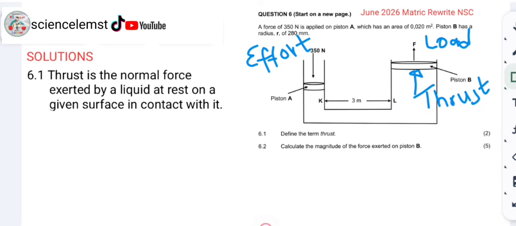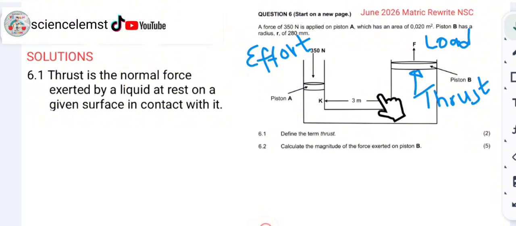6.2. Calculate the magnitude of the force exerted on piston B. For us to be able to answer this question, we need to understand something. Hydraulic systems work on a principle that's called Pascal's principle. Pascal's principle is telling me that in a continuous liquid at equilibrium, simply meaning this liquid is not moving, the pressure that is applied at any point is transmitted equally to other parts of the liquid.